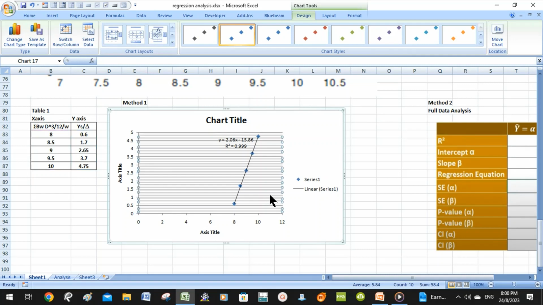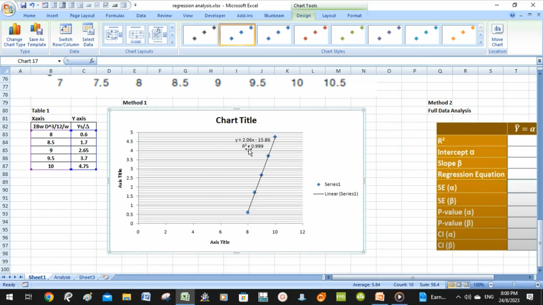And here we go. Abracadabra. We have the regression equation of y is equal to 2.06x minus 15.86. And you can see that the line fits nicely through the points.